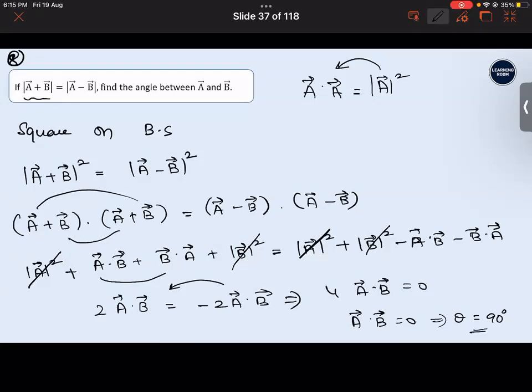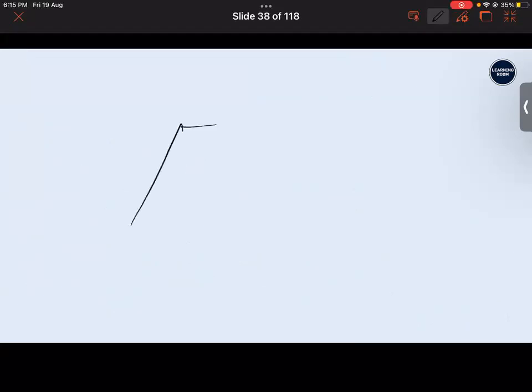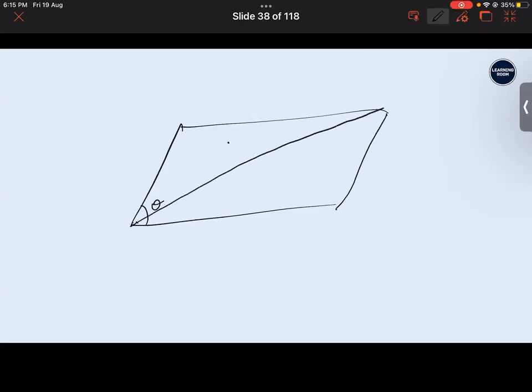The direction is that this is theta, this is r. I told you, in physics, direction means angle. This is alpha, this is a. To drop a perpendicular from here, this is b sin theta, and this will be b cos theta.